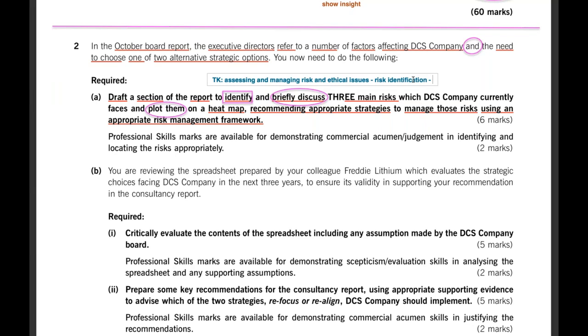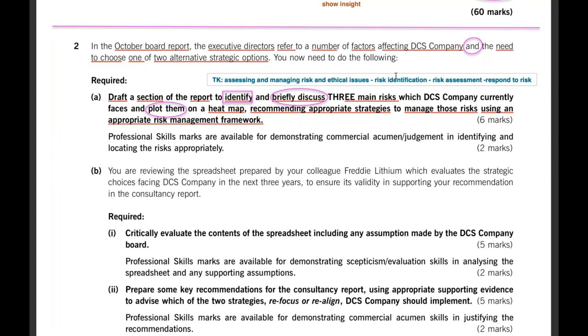When you plot them, you are doing risk assessment, and after that, how you respond to this.